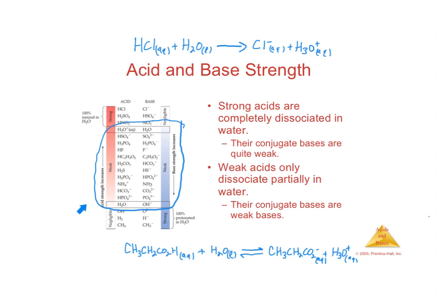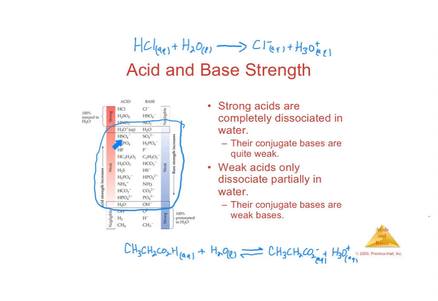Now, with weak acids, remember, these are acids that are in equilibrium. They don't completely dissociate. So you have some of the Bronsted-Lowry acid and some of the conjugate base in solution together. The stronger the weak acid, and we get stronger as we go up, what that means is that the stronger the acid, the more it pushes equilibrium to the right, the more hydronium that it forms.